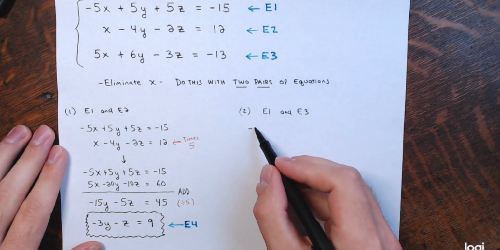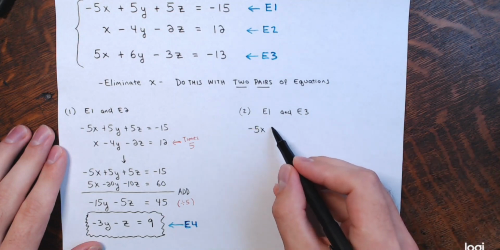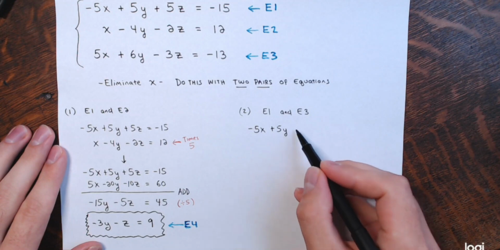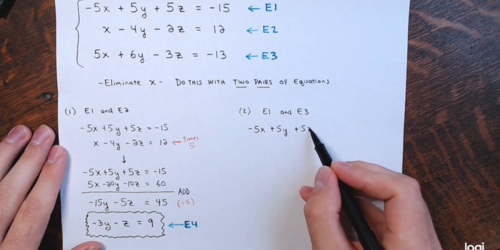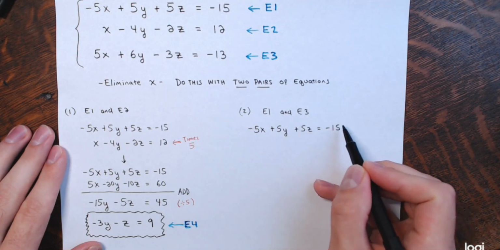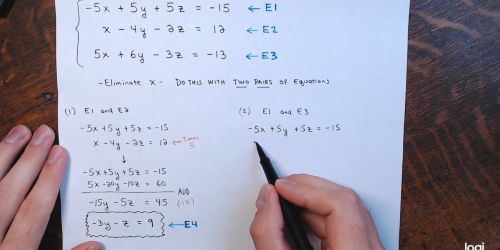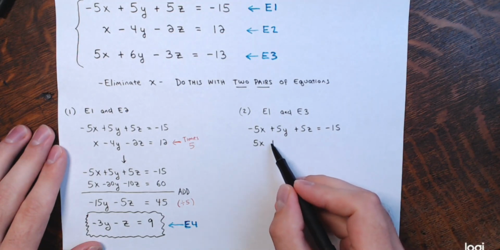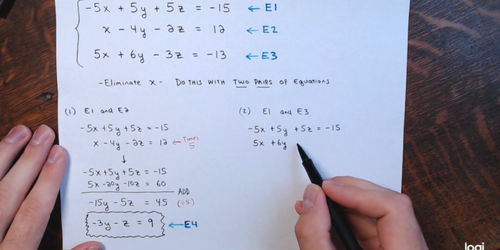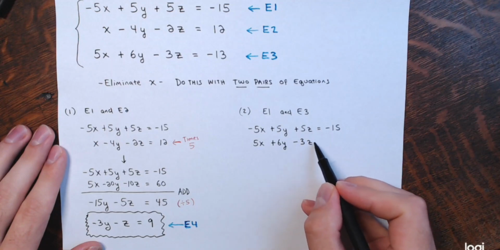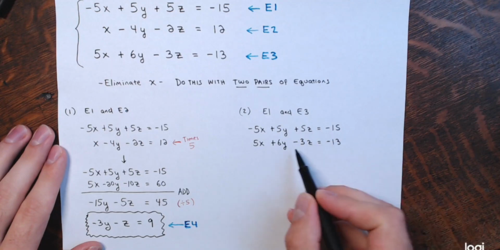Equation 1: negative 5x plus 5y plus 5z equals negative 15. Equation 3: 5x plus 6y minus 3z equals negative 13.